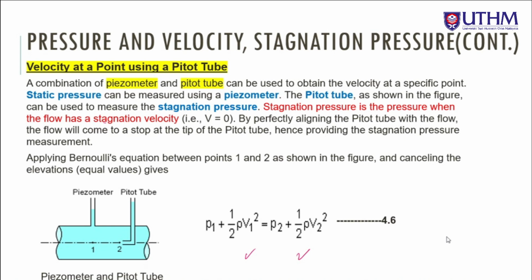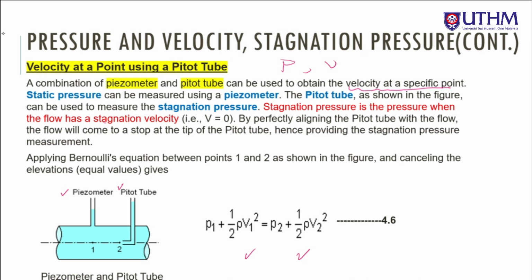This part is velocity at the point using a pitot tube. Actually kan, bila kita kata pasal Bernoulli, this part always I keep on repeating. Bila kita kata pasal Bernoulli, mesti ada related to pressure and velocity, kan? So for this part, actually with a combination of both piezometer and pitot tube, kita boleh obtain the velocity at a specific point.